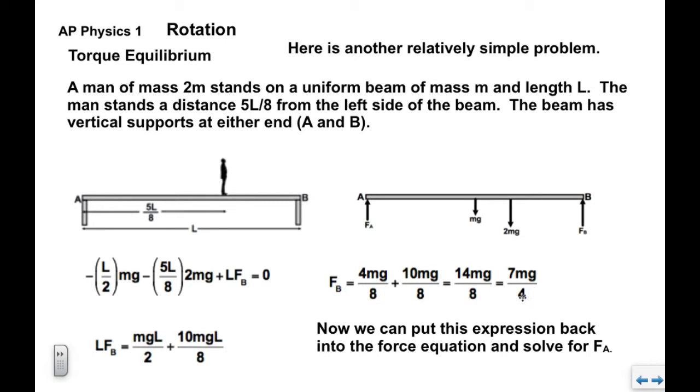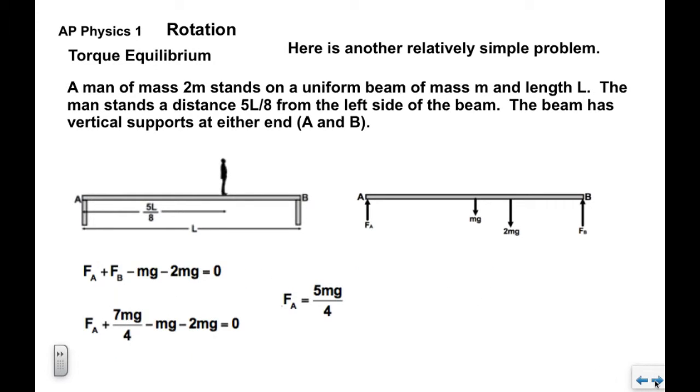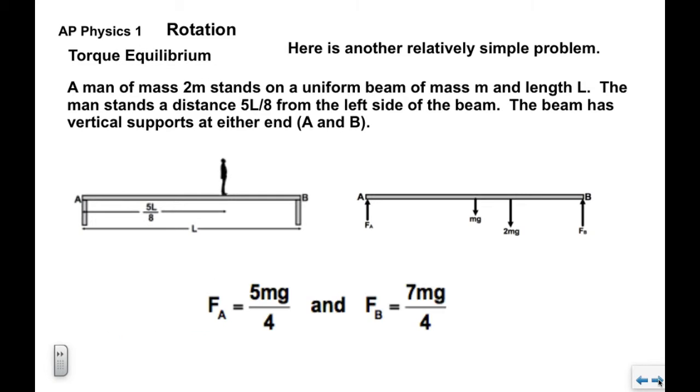We can put this expression back into the force equation, and that will allow us to solve for Fa, and we see that Fa plus 7 mg over 4 minus mg minus 2 mg equals 0. Rearrange it, and we see that Fa equals 5 mg over 4. So these are our final answers.